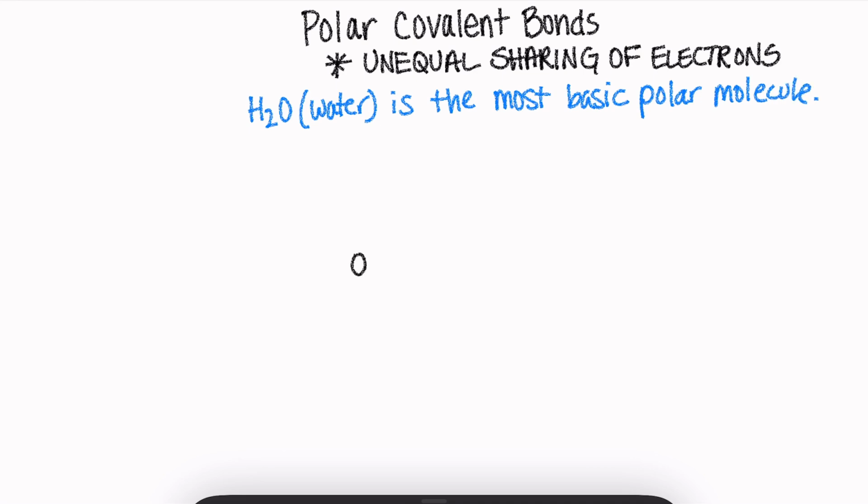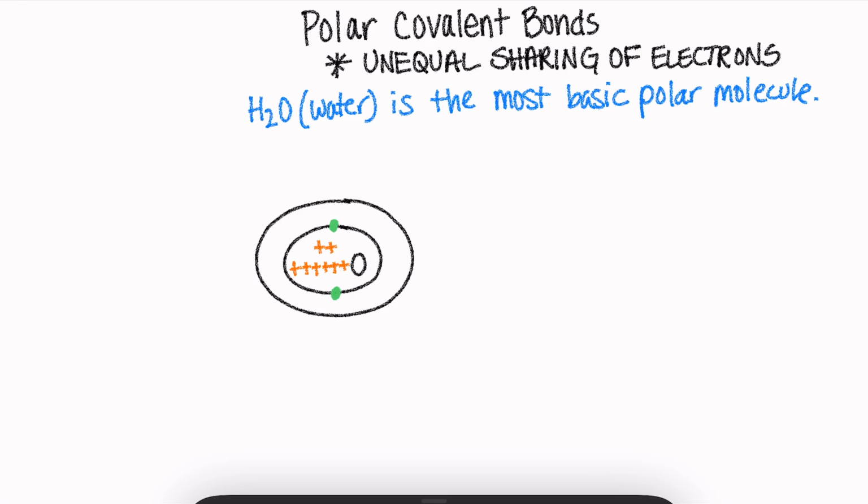So here is an oxygen with its 8 protons. So it has 6 electrons in its valence shell. This is its basic shell, and we know that's full with 2. And then its second shell, its valence shell, is going to have 8.